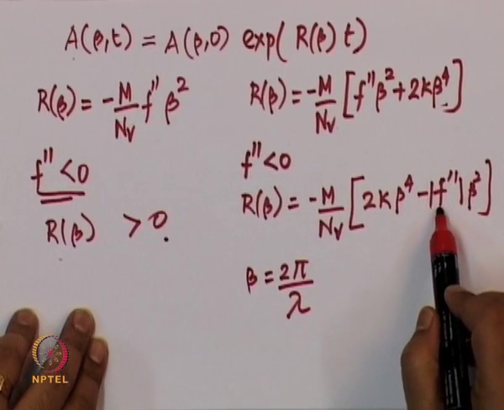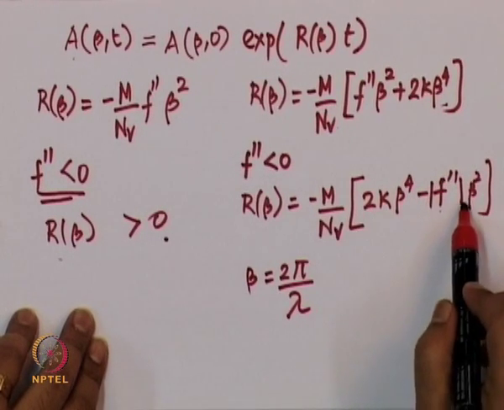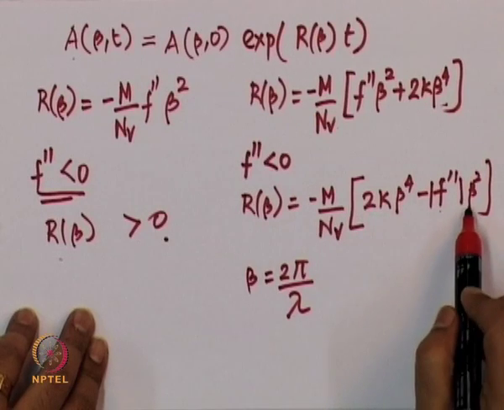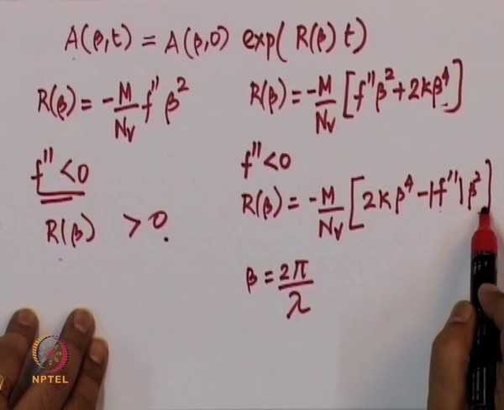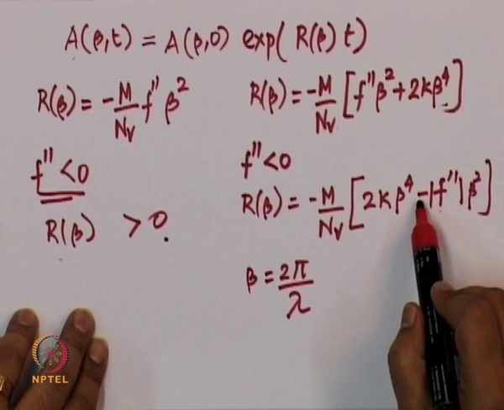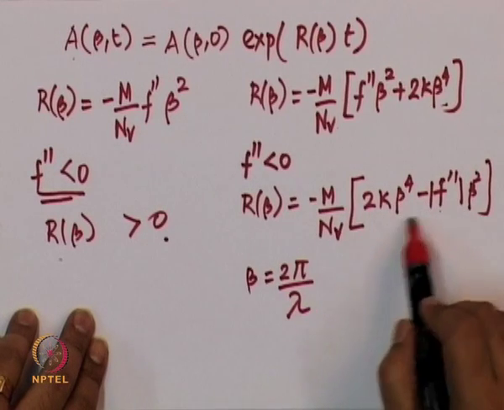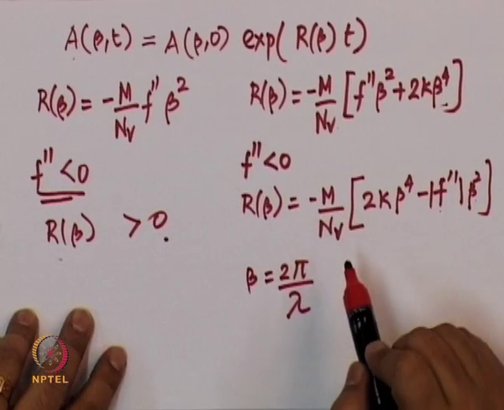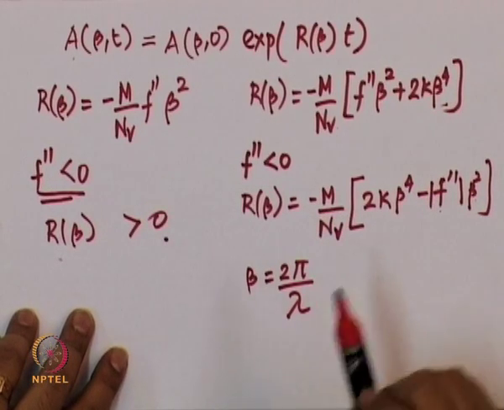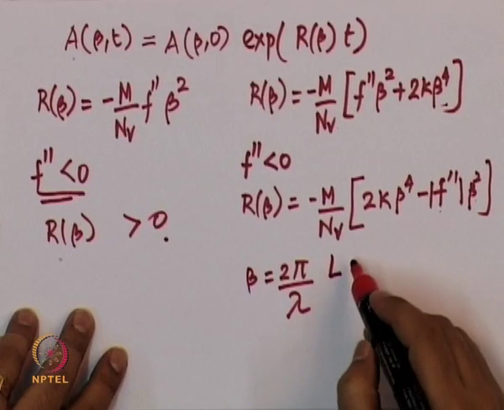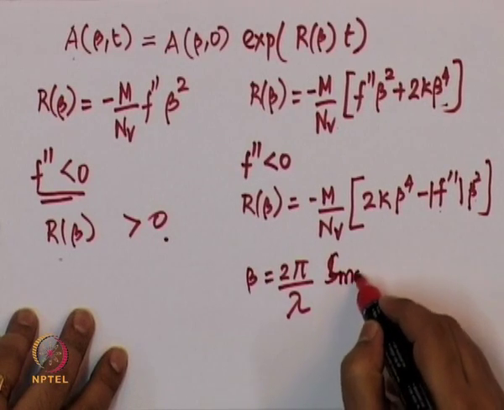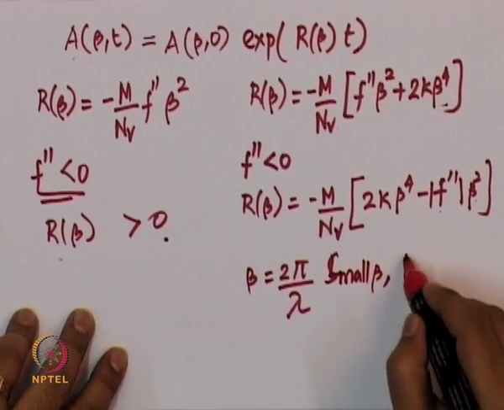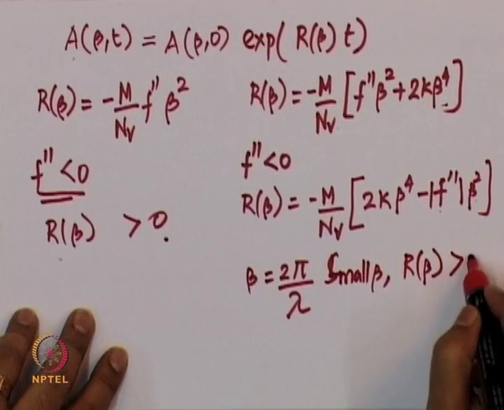Of course, it depends on the f double prime value and the kappa value, but for some f double prime and some kappa, you can always find a beta in such a way that this term is dominant. Then the quantity within this bracket becomes negative, and that is going to make R of beta positive. So, for small beta, R of beta is greater than 0.